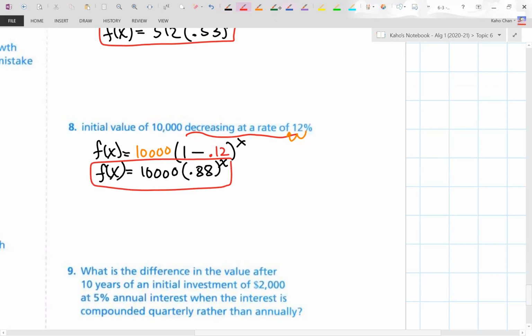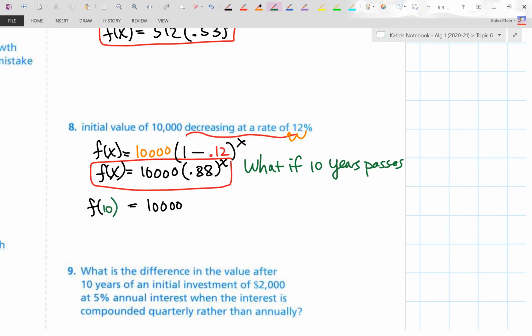What if 10 years passes? Let's plug in the number 10 and see what happens to this 10,000. We are putting in 10 now for our power, and there it is, goes in that spot up there.